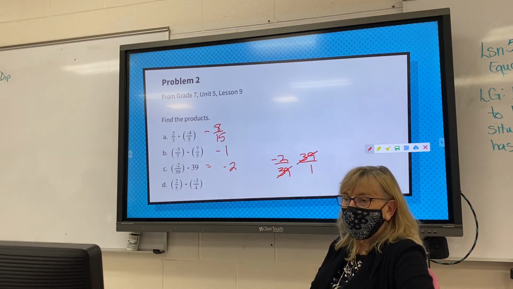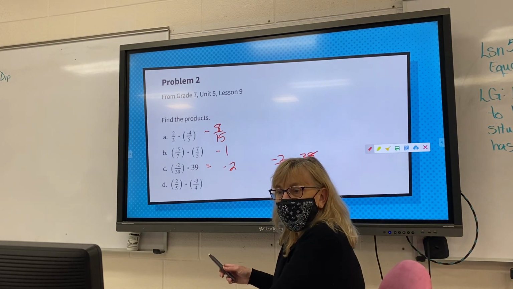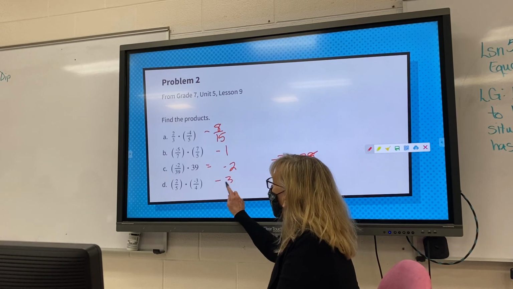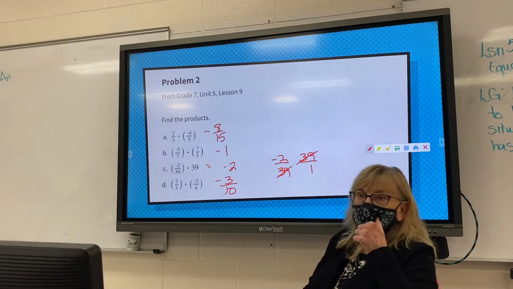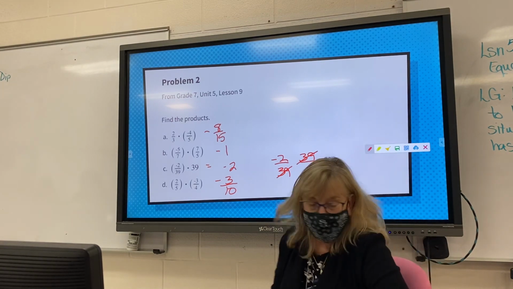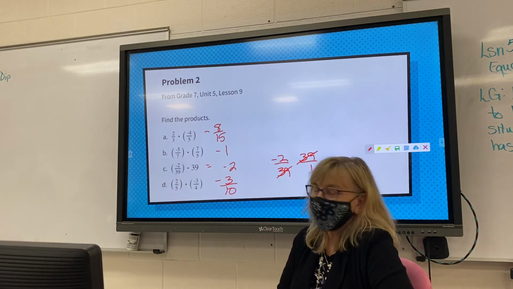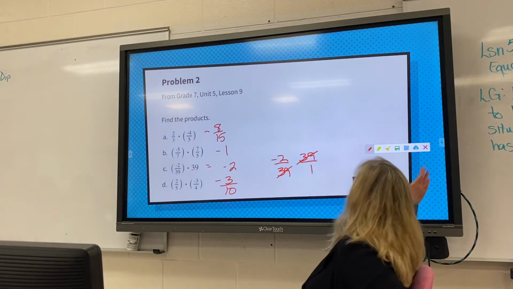Hit enter. Awesome. Oops, somebody didn't reduce. Okay, always reduce if you can. -3/10, -6/20 just needs to be reduced. Okay, good. Anybody need more time? All right. Turn that off.